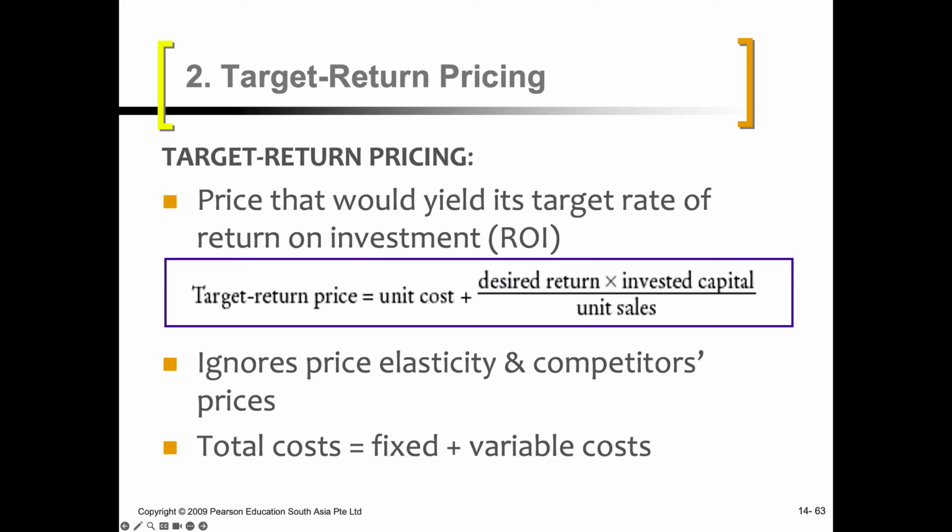It ignores the price elasticity and competitors' prices, and the total cost would be equal to fixed and variable costs.